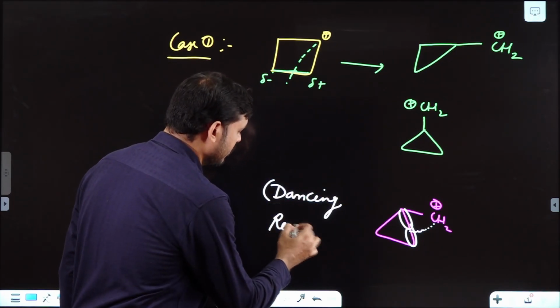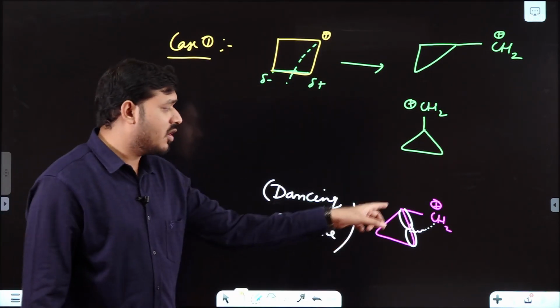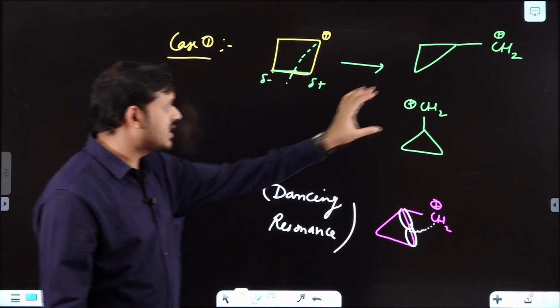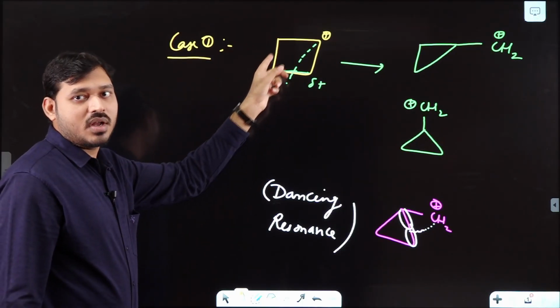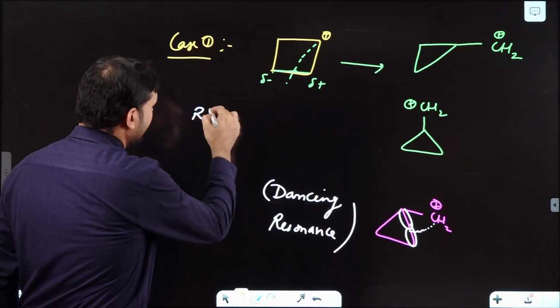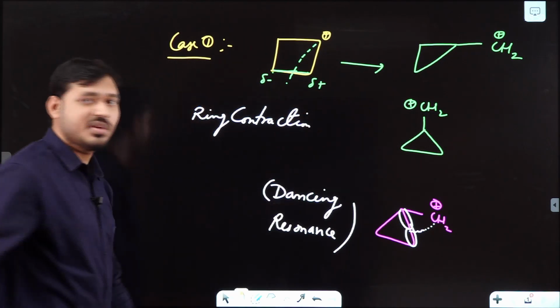Okay. And in that way, this cyclopropyl methyl carbocation becomes highly stable. So this ring is highly stable. Okay. So there is a tendency of a 4-membered ring to convert into a 3-membered ring. So this is called ring contraction. Okay. You can note this case.